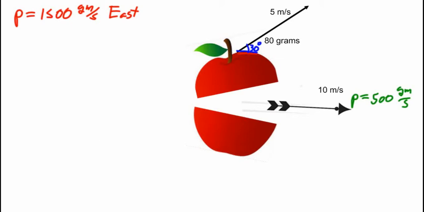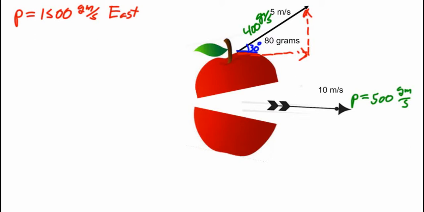We need to attack the upper chunk of the apple. And so we'll go ahead and look at the momentum up here. We have 80 times 5, which is going to give us 400, right? So we have 400 gram meters per second along the diagonal here. And what we really want to know are these components. So the component going to the right as well as the component going up need to be solved.